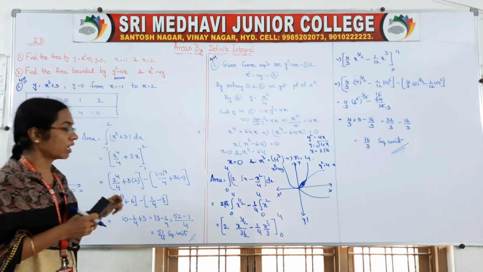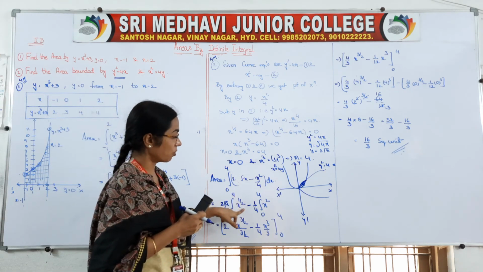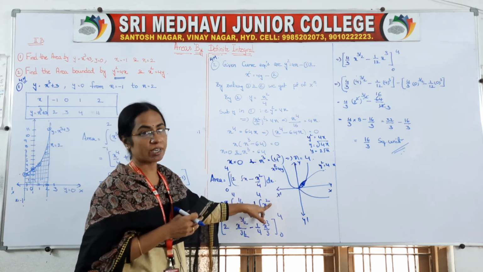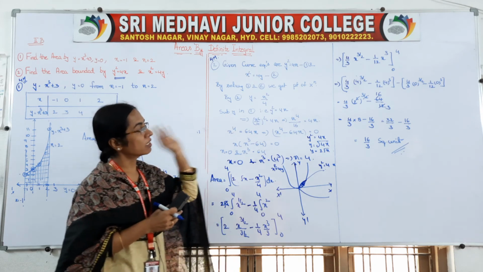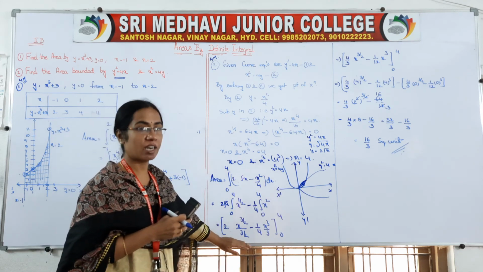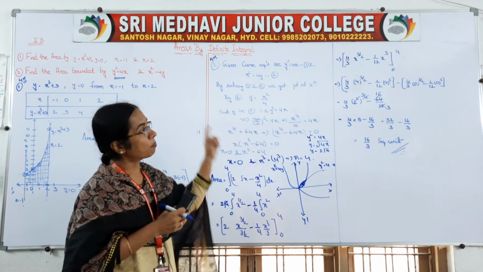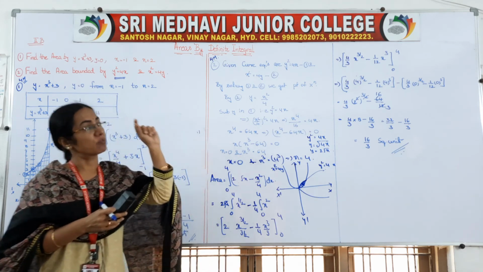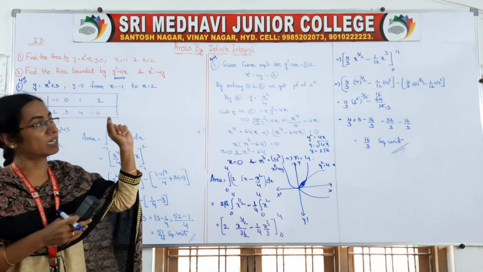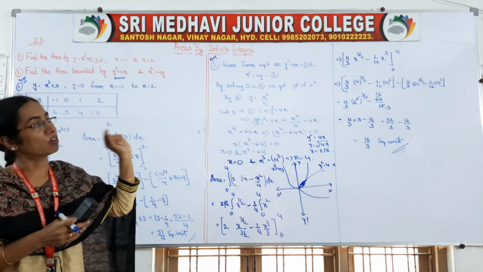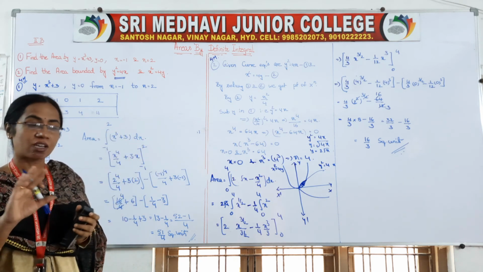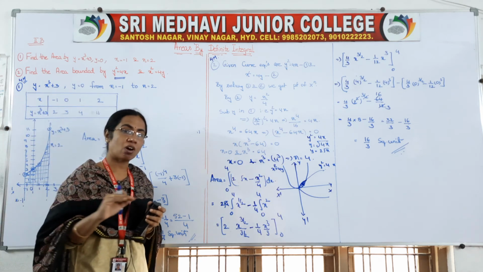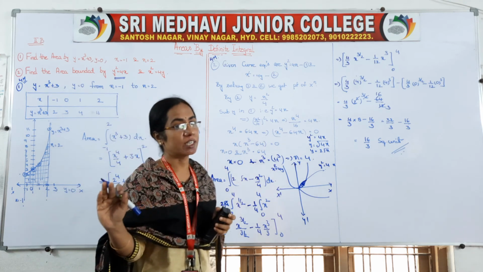After that we integrate x to the power of 1 by 2 and x square. Once integrated, we get it like this. In the upper place of x we substitute the upper bound, and in the other we substitute the lower limit. The concept is the same for all these definite integrals, right?